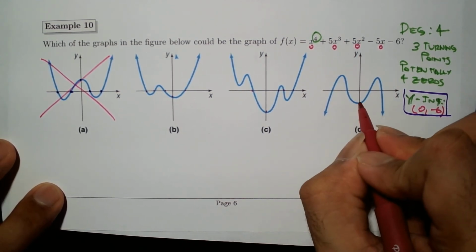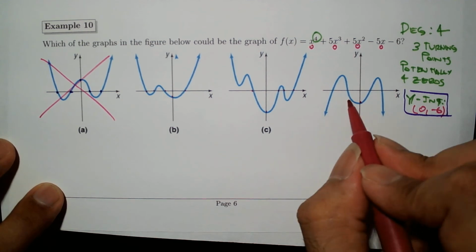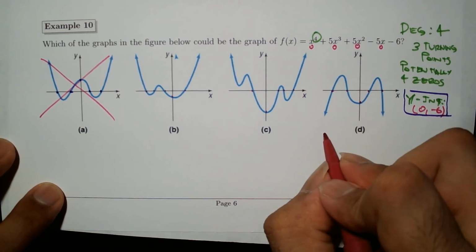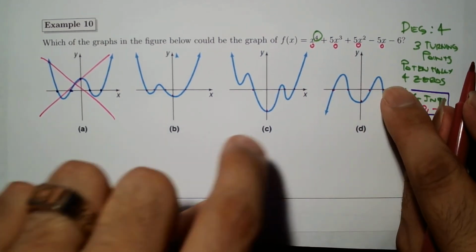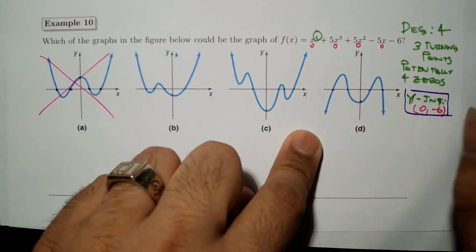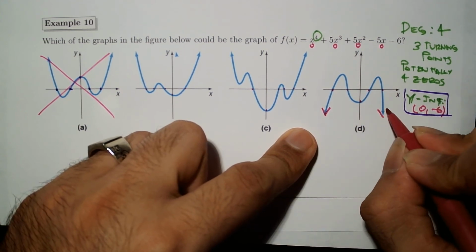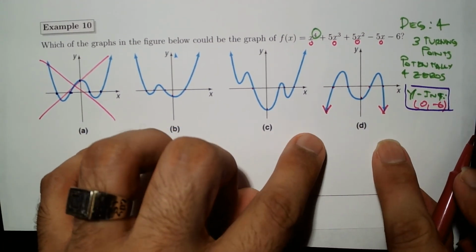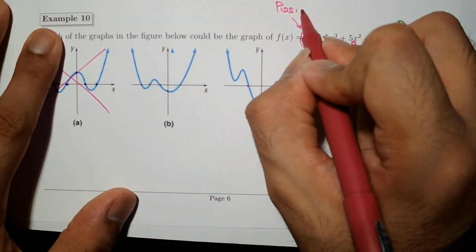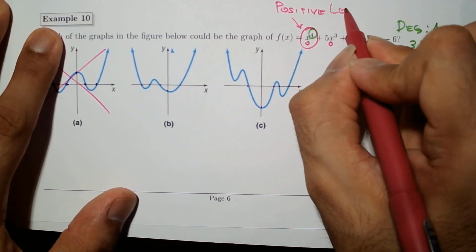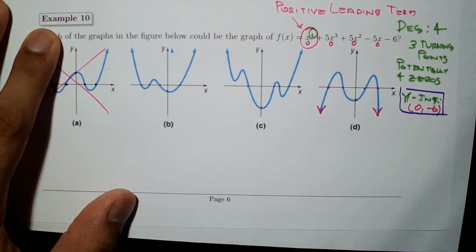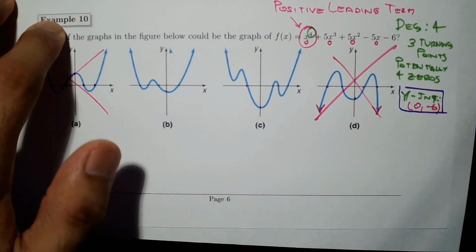We are going to have also a negative y-intercept, and also 1, 2, 3, 4 x-intercepts. However, look at the end behavior. This looks like an even degree power function with a negative leading coefficient because of the direction of the y value. And in fact, if you look at the leading term, this is positive. So in this case, that can't be.